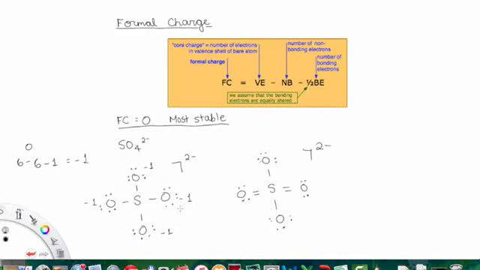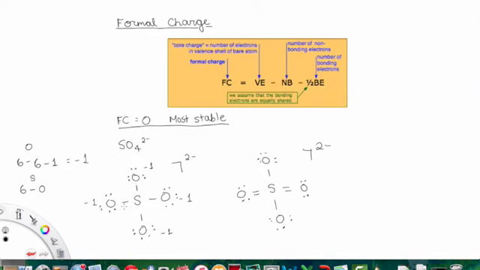Now let's figure out what the formal charge for the sulfur is. So in this case, for sulfur, the number of valence electrons is 6. The number of non-bonding electrons is 0. And the number of bonded electrons is 2, 4, 6, 8 divided by 2.